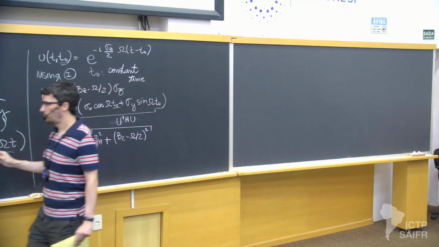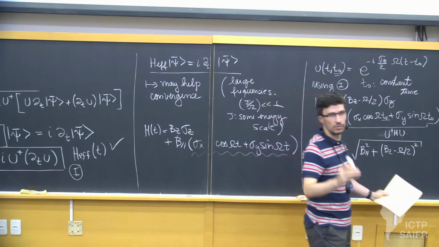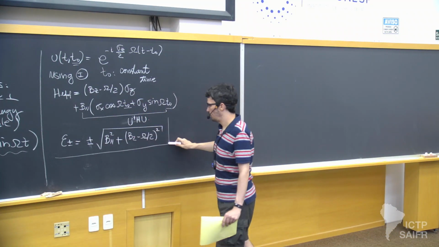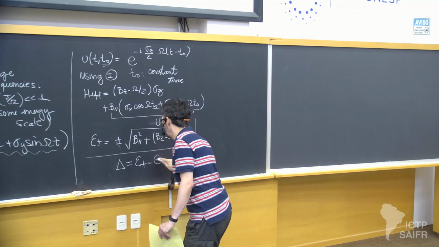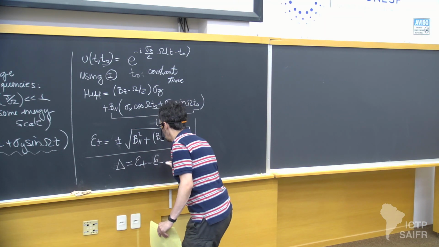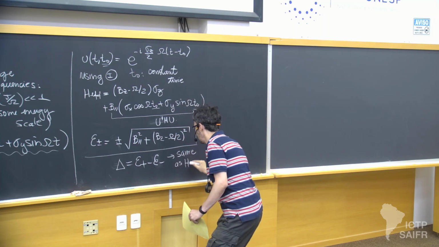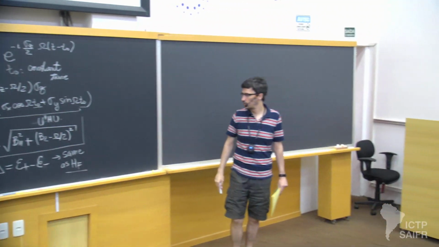The constant term, you may recall, just tells you in which Floquet Brillouin zone you are. But this gives you a gap. So the gap, that would be E plus minus E minus, is the same as yesterday. Same as from the Floquet Hamiltonian that we wrote yesterday, okay?